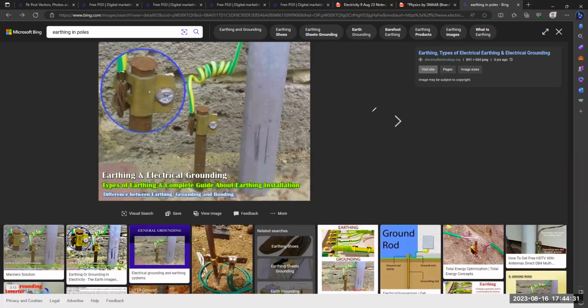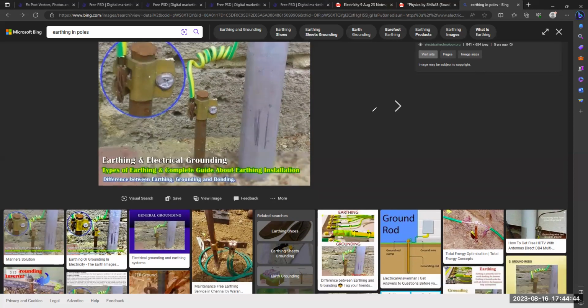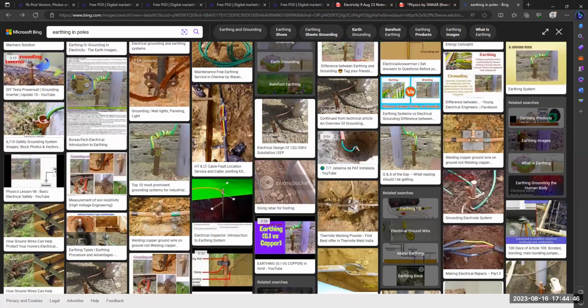So that's why we connect this earth wire with the pole, and then connect this rod with the plate, and that plate is buried deep into the ground, into the earth, just like this.